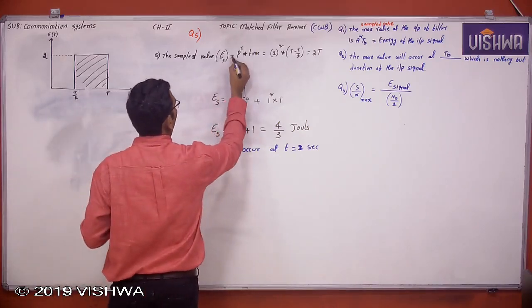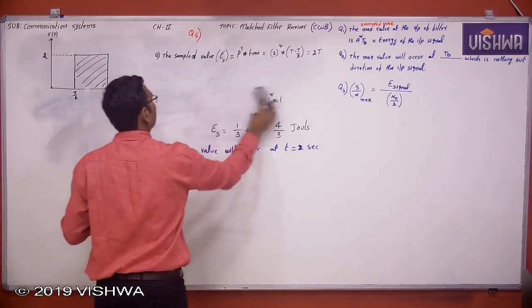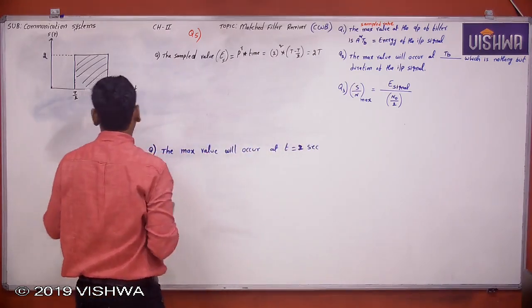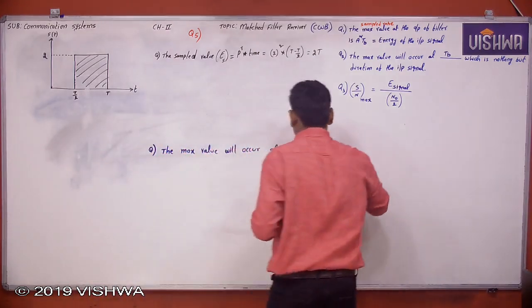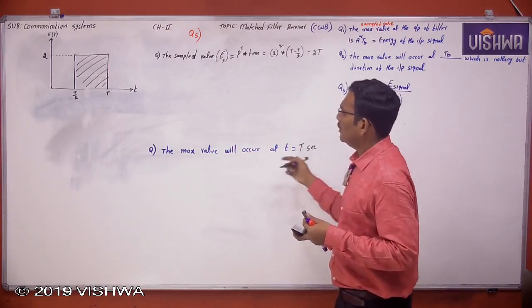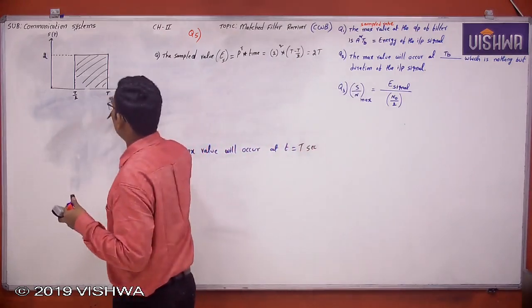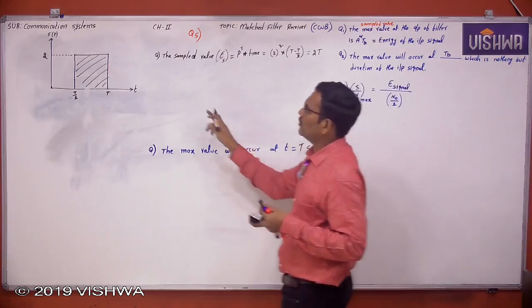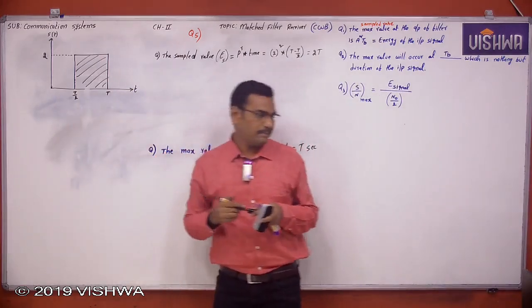The maximum value will occur at T equal to capital T seconds, which is the duration of the input signal.